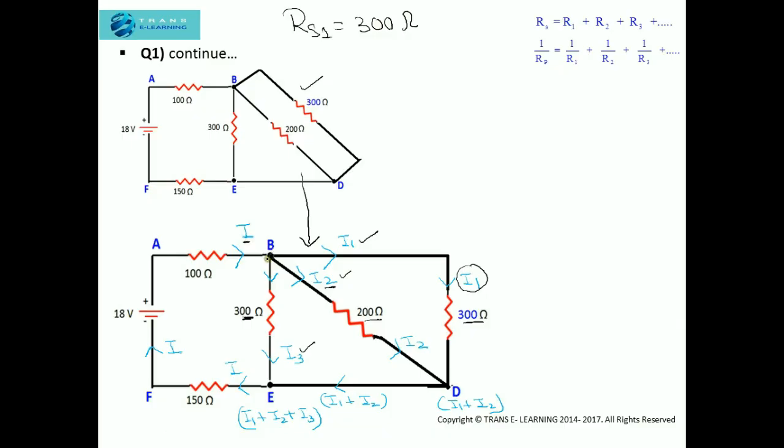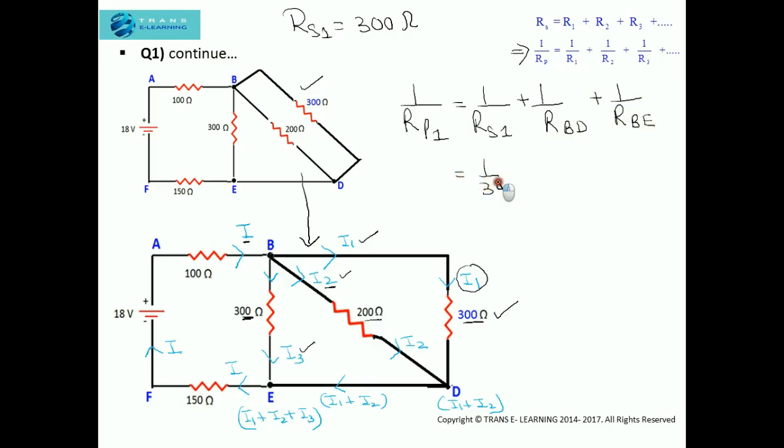As the current got divided, these three resistors are in parallel. We will be applying this formula for the parallel combination. So here I write 1 upon Rp1 will be equal to 1 upon Rs1, which we calculated, plus 1 upon Rbd and 1 upon Rbe. I'm just substituting the values here.